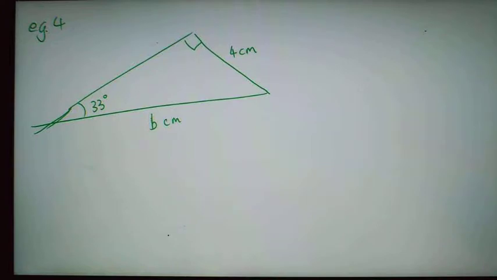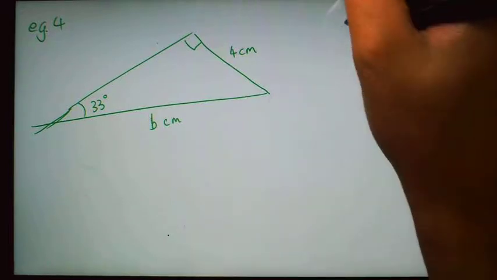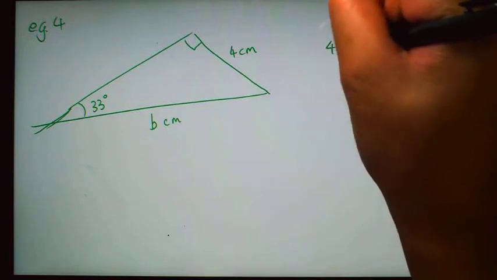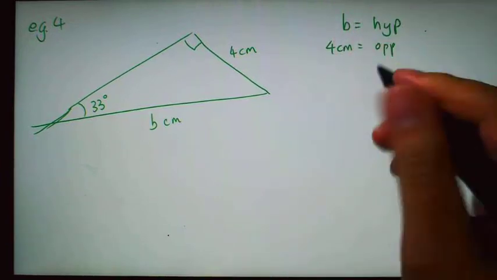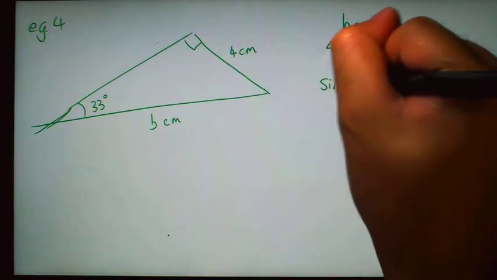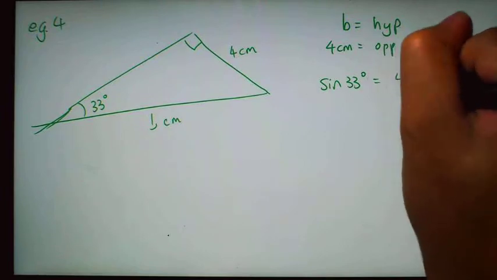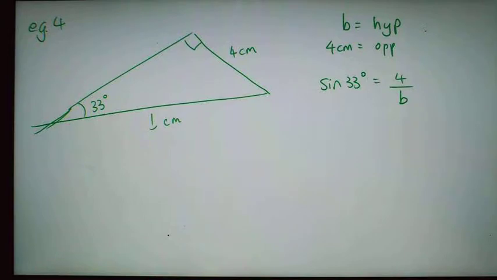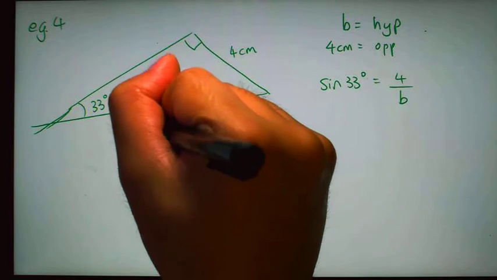Okay, let's look for B. Again, what sort of information we've got? B is the hypotenuse, and 4 is the opposite. So OH, what is it? Sine. So sine 33 degrees equals 4 divided by B. Alright, so how are we gonna do it? Some students struggle, oh now B is in the denominator. What should we do?